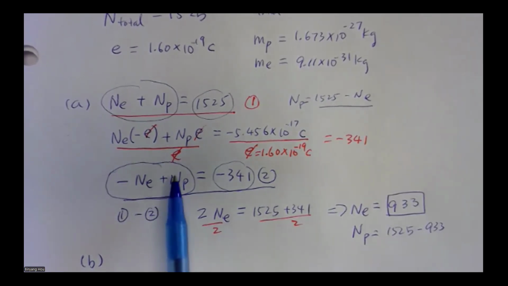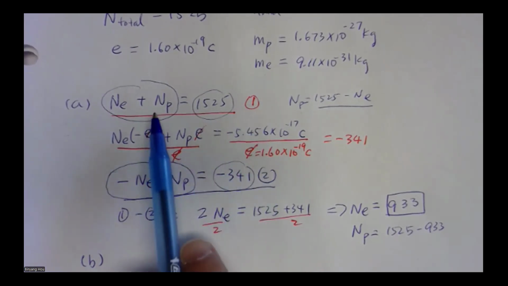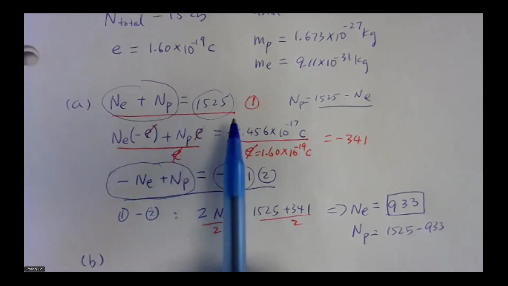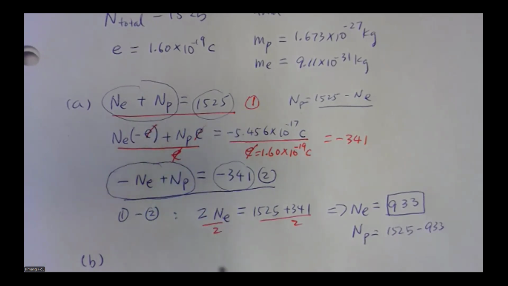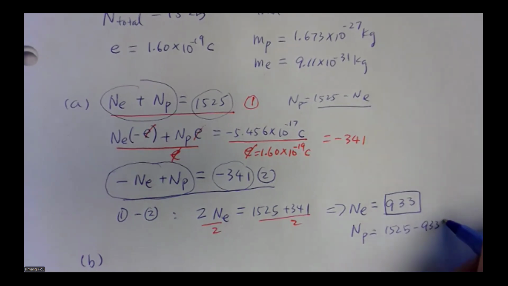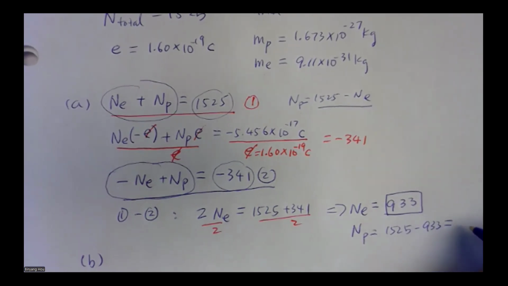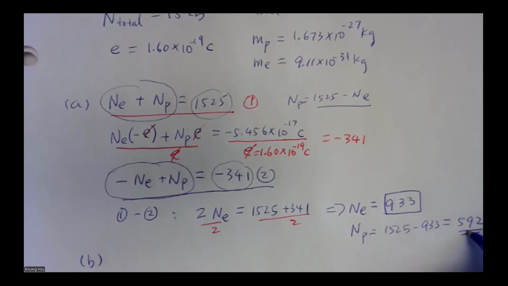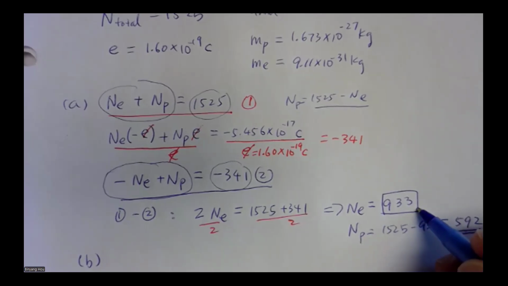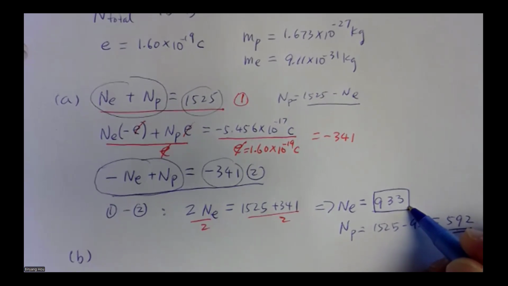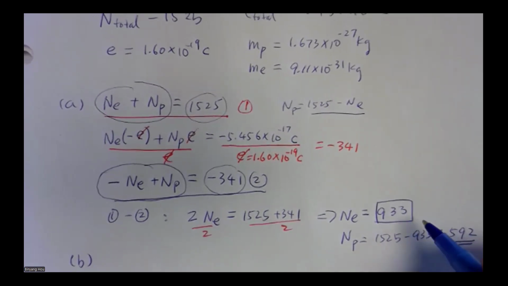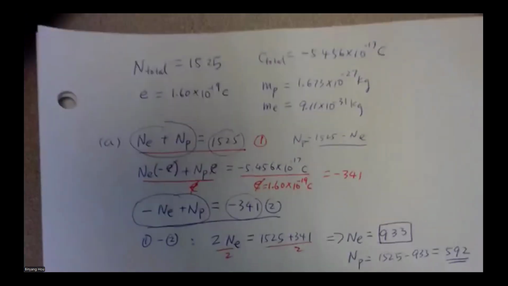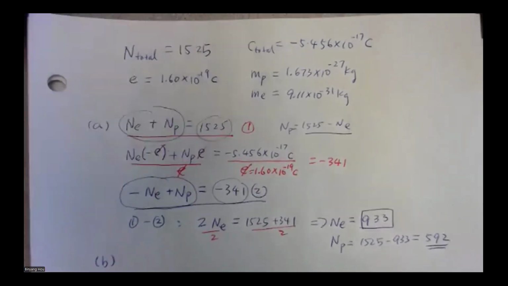Or you can do equation 1 plus equation 2, which will get rid of NE, and then you have 2 MP equals this guy plus that guy. So the number of protons, MP, will be 592. If you get this one greater than this one, then something must be wrong, because you should have more negative charges, which means more electrons than protons. All right. So we also have that number of protons.